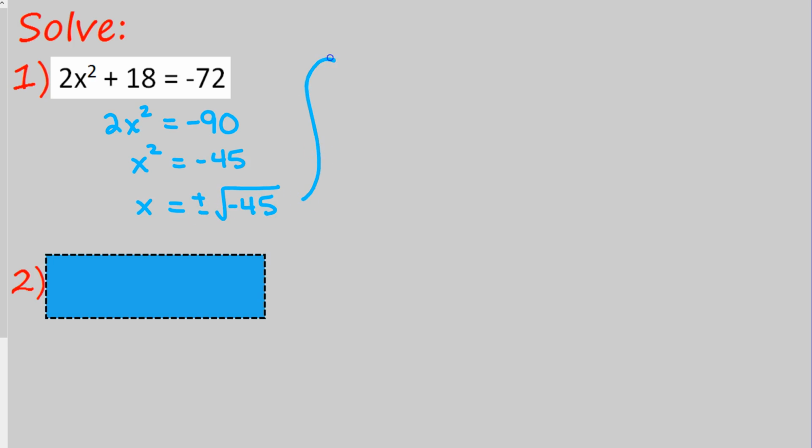So we're not going to say no solution, we're now going to say, oh hey, we have imaginary solutions. Let's simplify them. First of all, we have plus or minus i times square root 45, and then you can simplify the square root of 45. It's 3 square root 5, so it's plus or minus 3i square root 5.